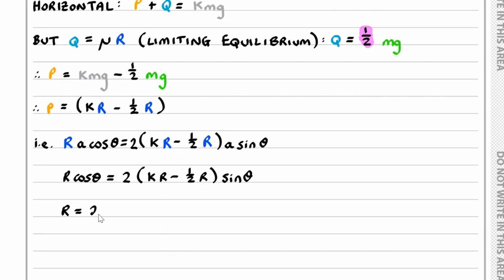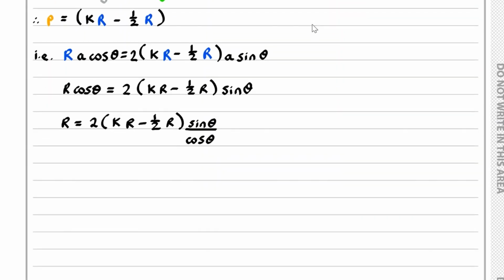R is equal to 2 multiplied by KR minus 1/2 R, sine theta over cos theta, and sine theta over cos theta is tan theta.